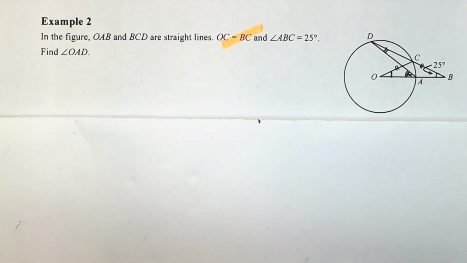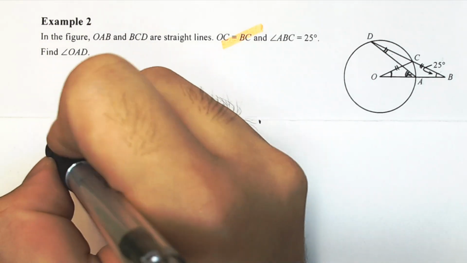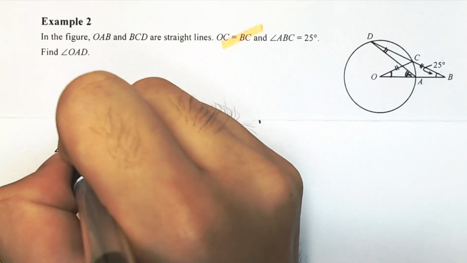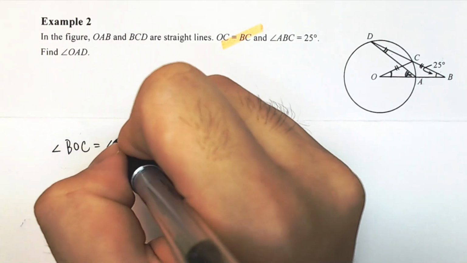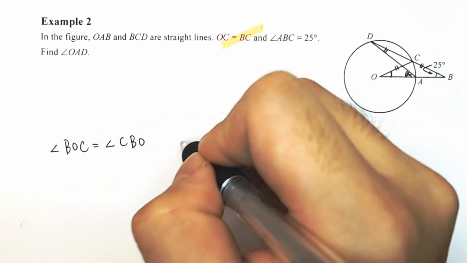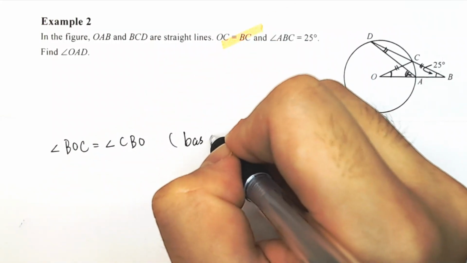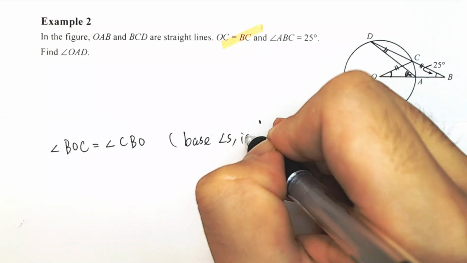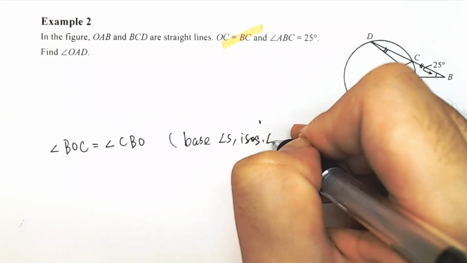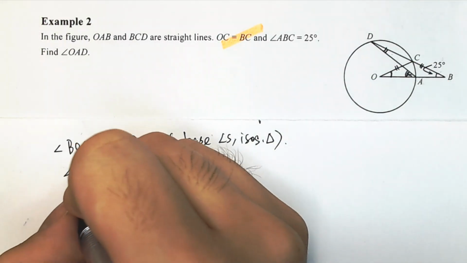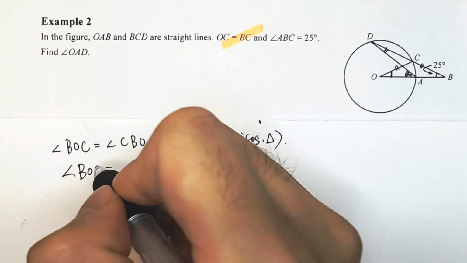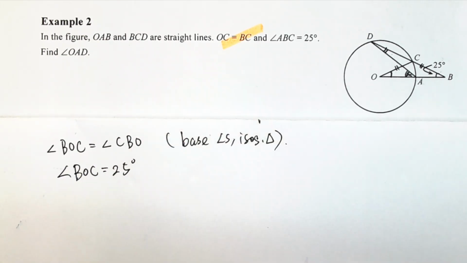Okay, so number 1, the first step, angle BOC is equal to angle CBO, base angles of isosceles triangle. Okay, so angle BOC is 25 degrees.